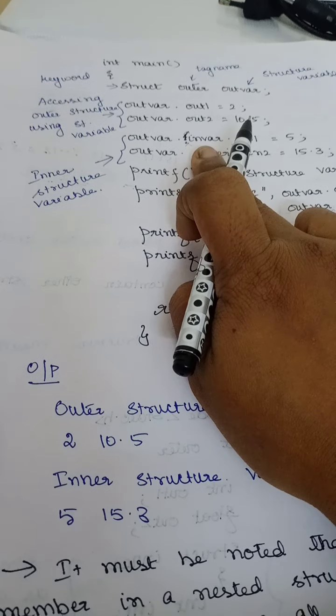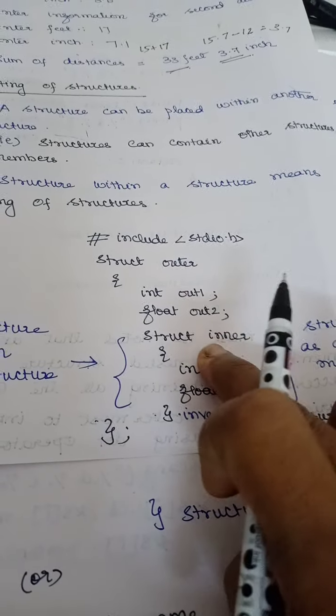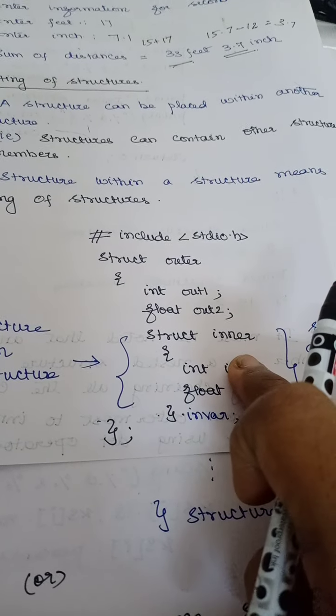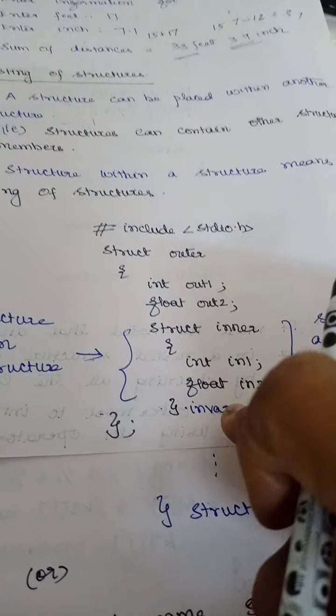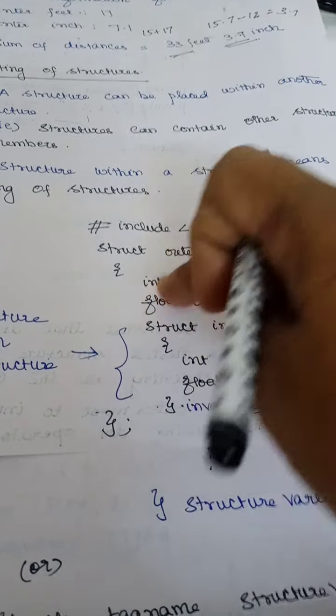With the structure variable dot in1. Why have I used a structure variable? Because this member is going to be a structure, so I need a variable. So variable dot in1. And this is present in which variable? This variable. So this variable dot this variable dot this member. Is that clear? Right. So this is nothing but a variable of the outer structure, a variable of the inner structure, and then the member that is present inside the inner structure. Is that clear?